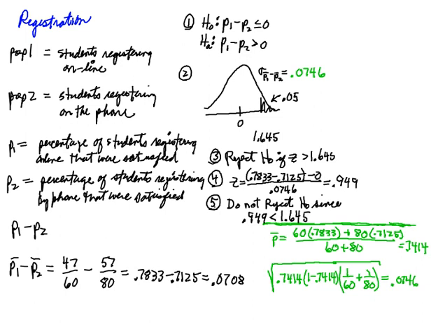In other words, the evidence that there was a higher percentage of students registering online that were satisfied as opposed to the students registering by phone is not strong enough to get the rejection and prove that the students registering online have a higher percentage of satisfaction.